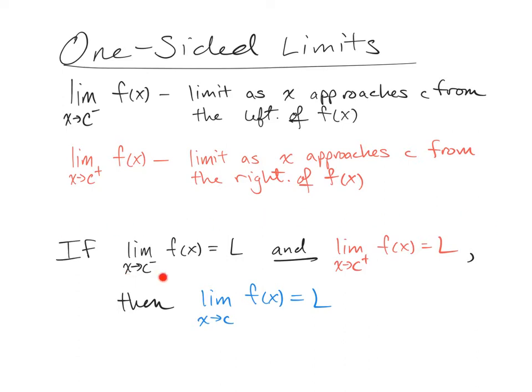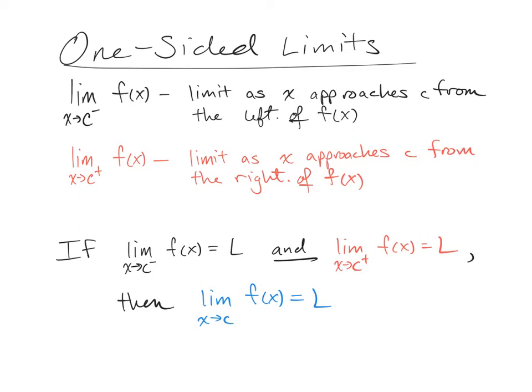If the limit as x approaches c from the left of f of x is L, and the limit as x approaches c from the right of f of x is L, then the limit exists and is L. So you've had an idea of what left and right-sided limits are, but now this is a more formal way of writing out what they mean and how they relate to finding a two-sided limit.